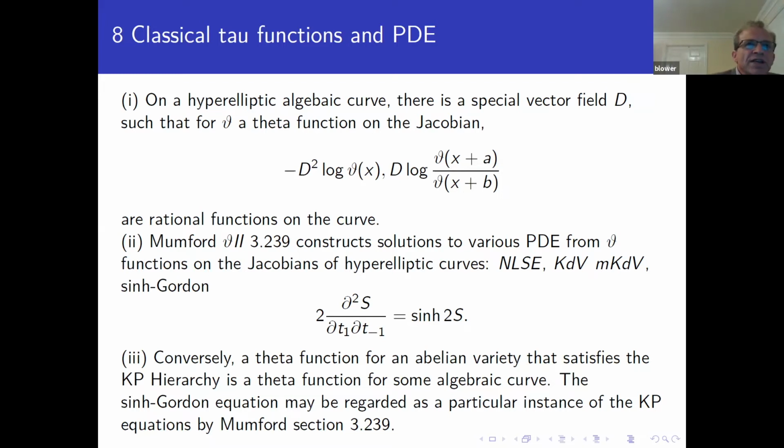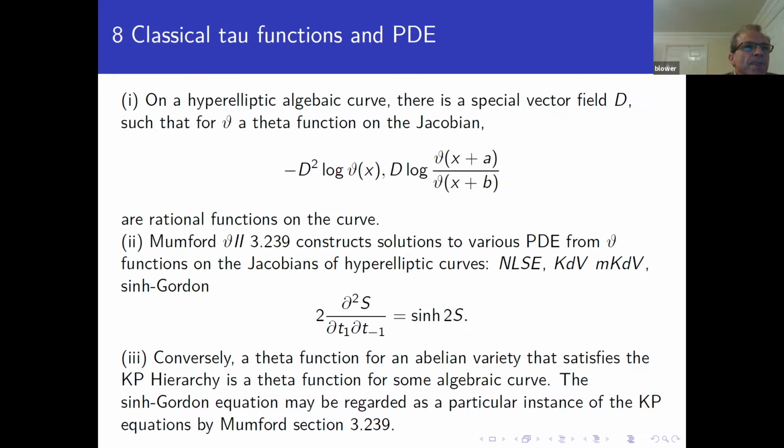And there's another related construction. If you take the quotient of two theta functions, take the logarithm and then differentiate that, you also get a rational function on the curve. So these are two ways of producing rational functions on this algebraic curve.